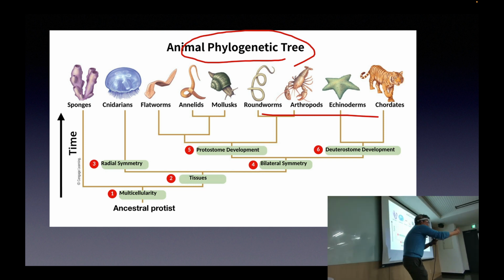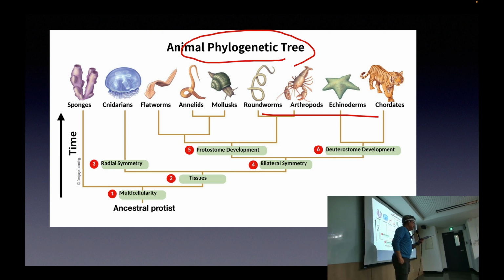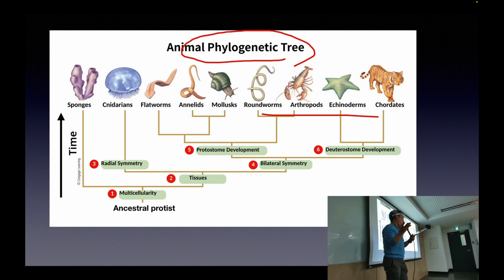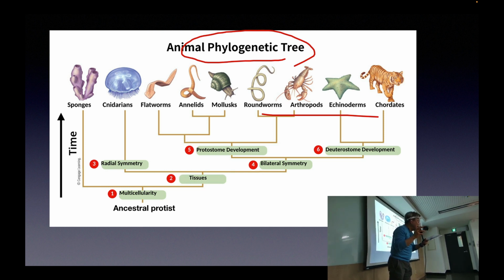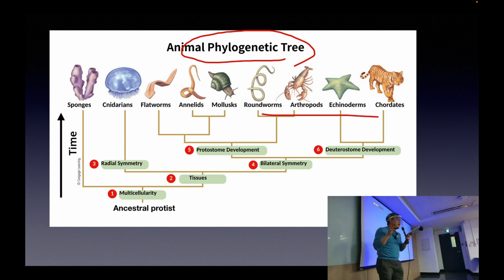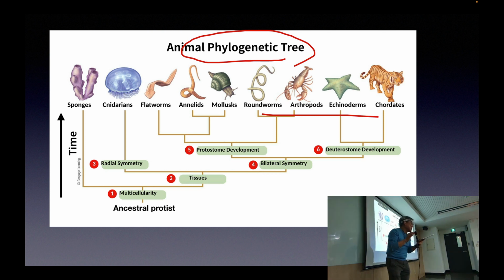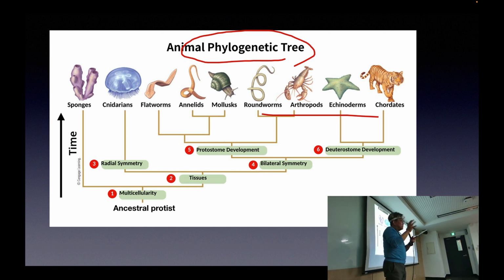Can you explain 계통 발생? So phylogeny in direct translation is 계통 발생. What's 계통? Yes. Yeah, or related development. Yeah, exactly. Evolution. Phylogeny has something to do with evolution.